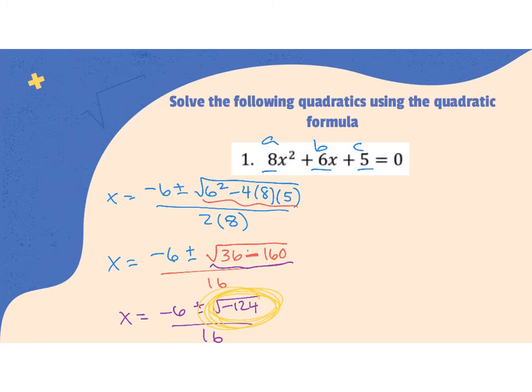If I try to type that into my calculator, it says non-real answers. Mine even tells me it's a non-real answer. So I can't do it; this is not possible. I'm done with the quadratic formula at this point, and my answer here is that there are no real solutions.